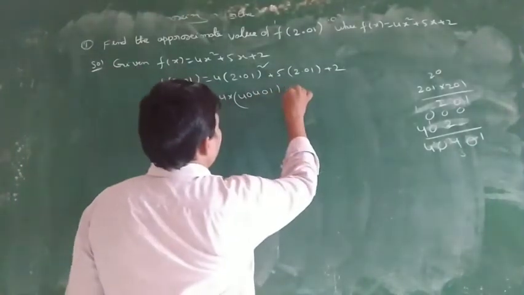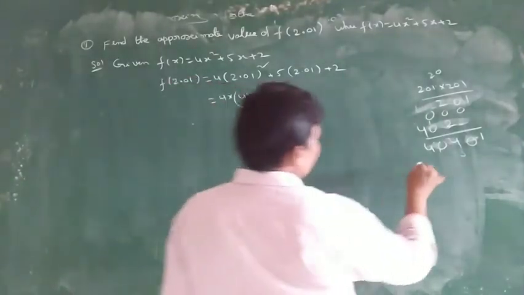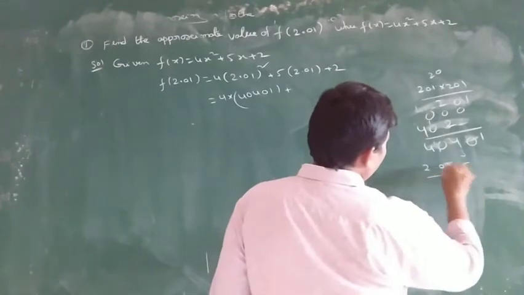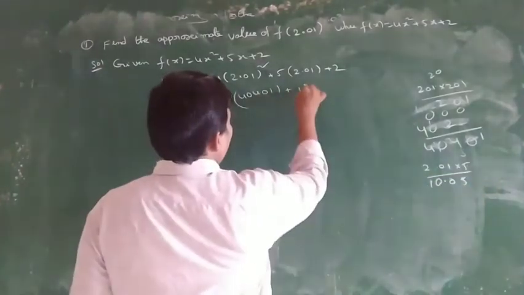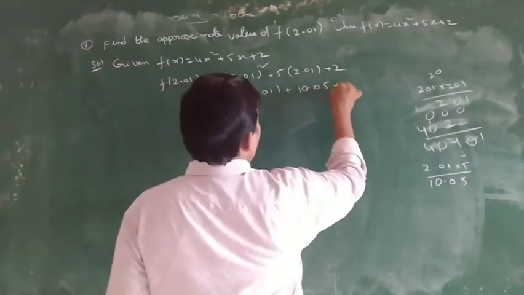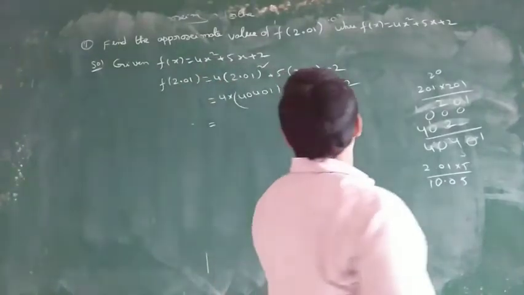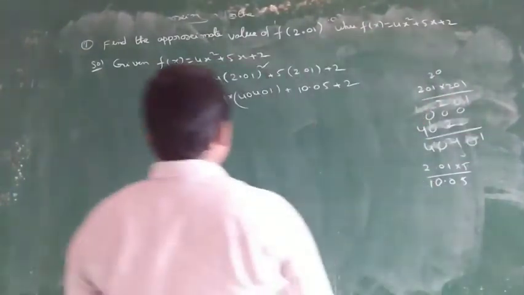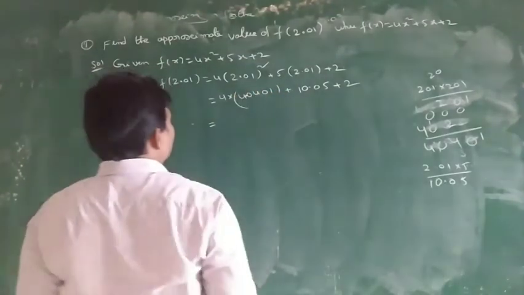Plus 5 into 2.01. 2.01 into 5, 5 ones 5, 5 0 0, 10, so 10.05. 10.05 plus 2. 2.01 into 2.01, 4 points, means 1 2 3 4 point something.